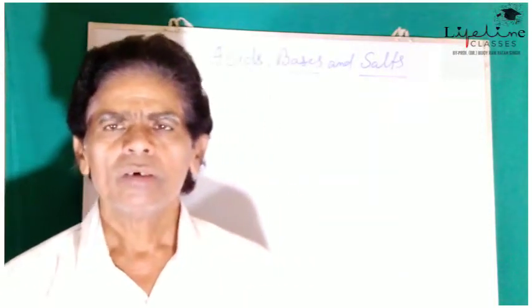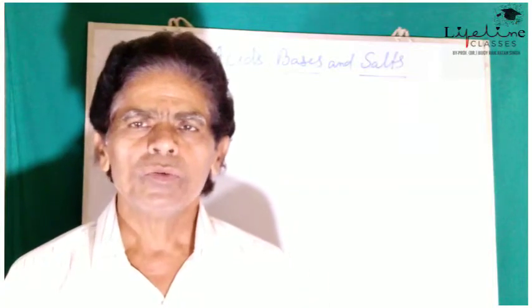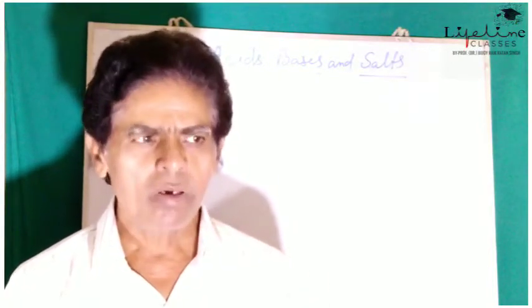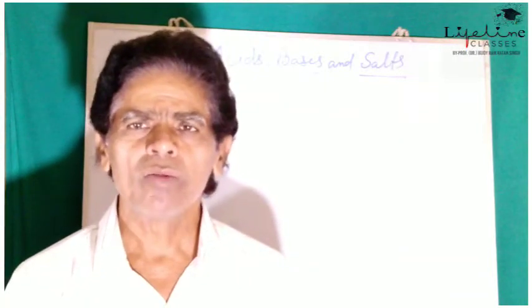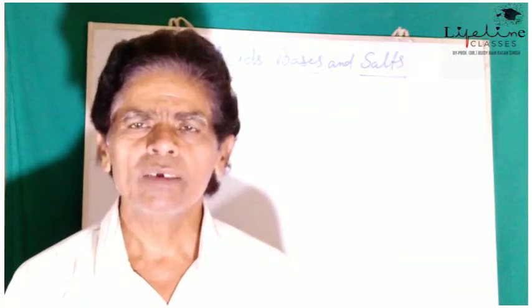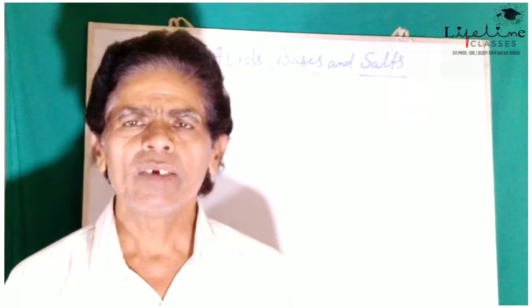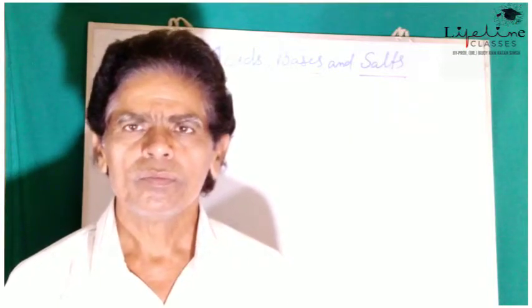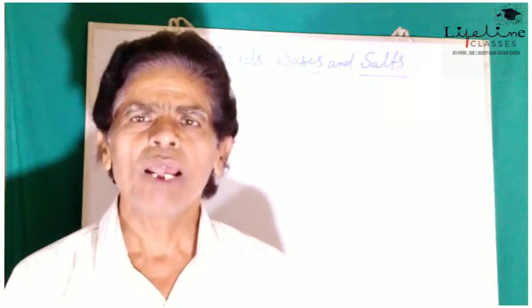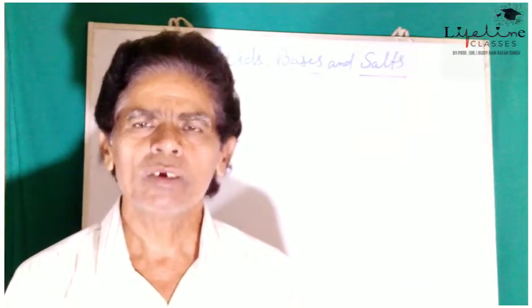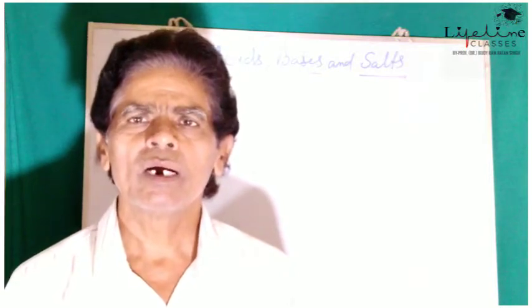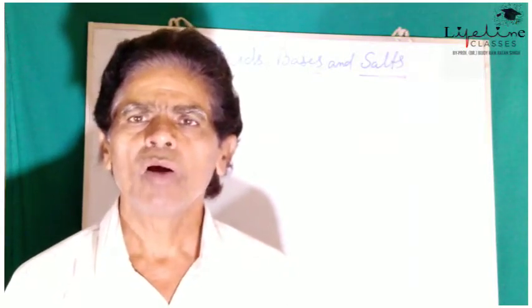Now let us try to understand what happens when our white cloth is stained with some curry. It gets stained yellow colored. When we apply soap during washing the cloth, its stained portion turns reddish brown.